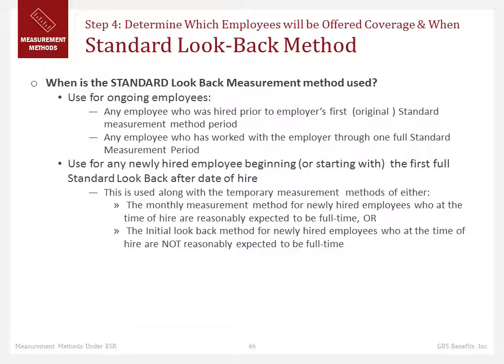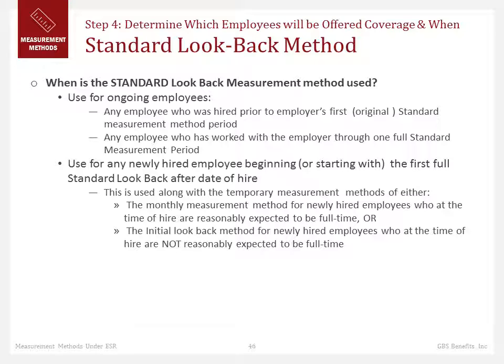Anybody hired after that date would be considered a newly hired employee until they have been with you through one full standard measurement period. So this second dash, any employee who has worked with the employer through one full standard measurement period is technically an ongoing employee, and therefore you would use the standard for them.